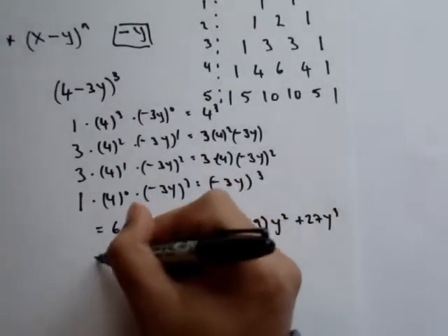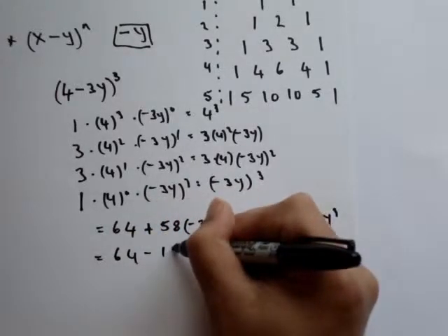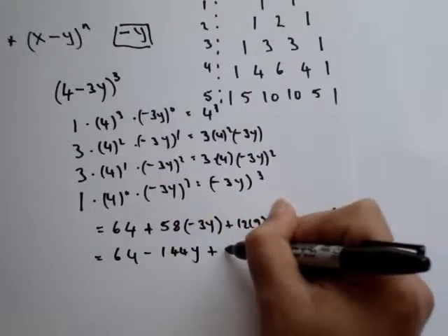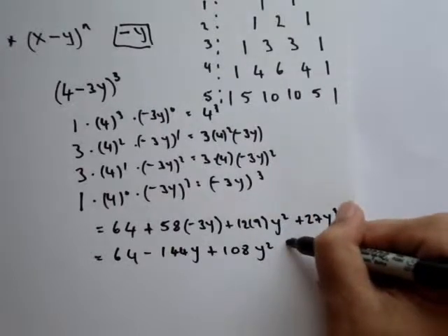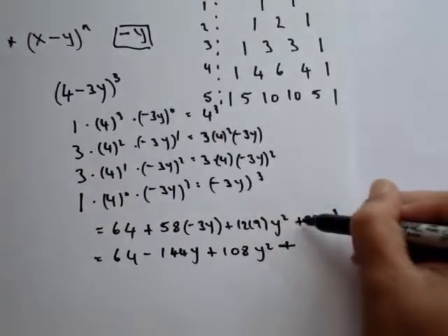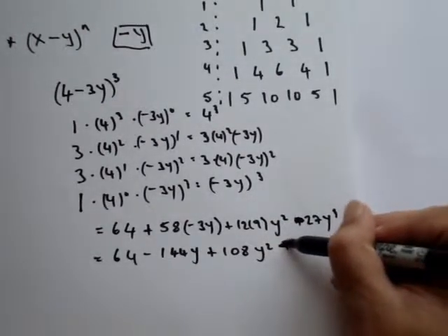And when we tidy that up, that's 64 minus 144 y plus 108 y squared minus, sorry, because this was to the power 3, there should be a minus. So this is minus 27 y cubed.